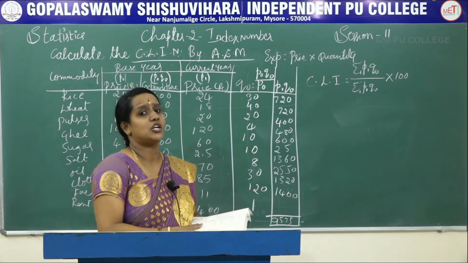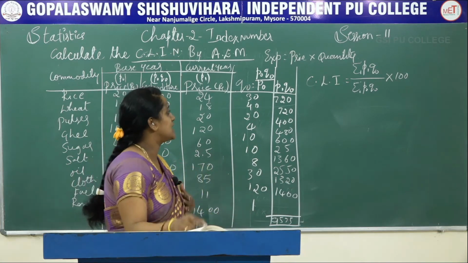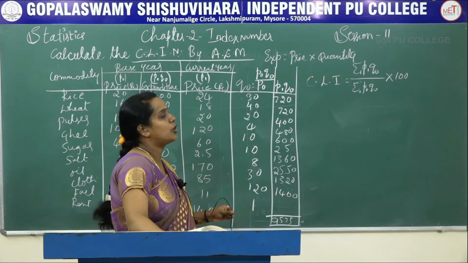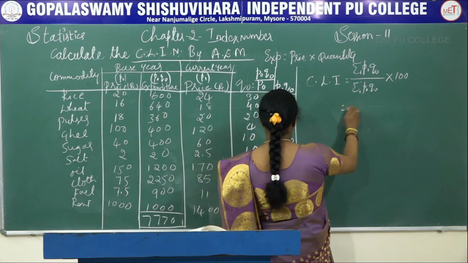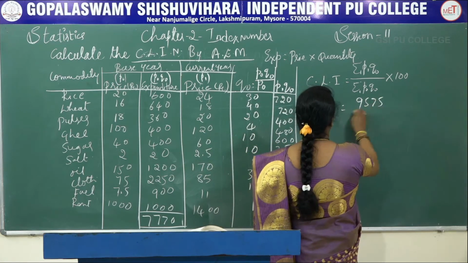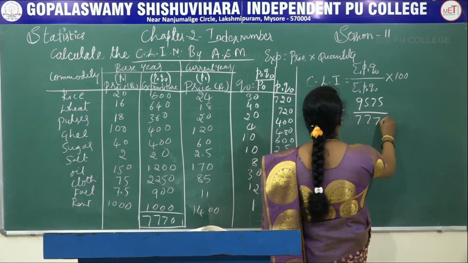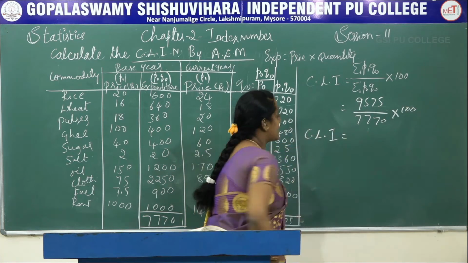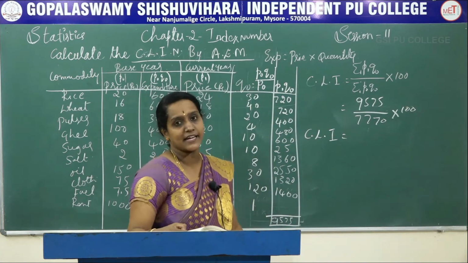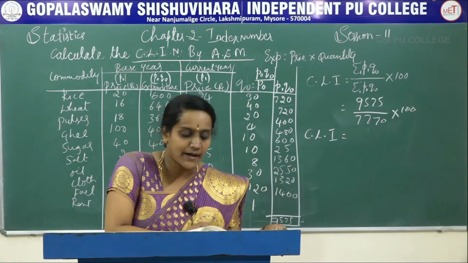And our cost of living index number formula says summation of P1 Q naught by summation P naught Q naught into 100. So I'll substitute the values: 9575 by 7770 into 100. So our cost of living index number or aggregative expenditure method, both are same.